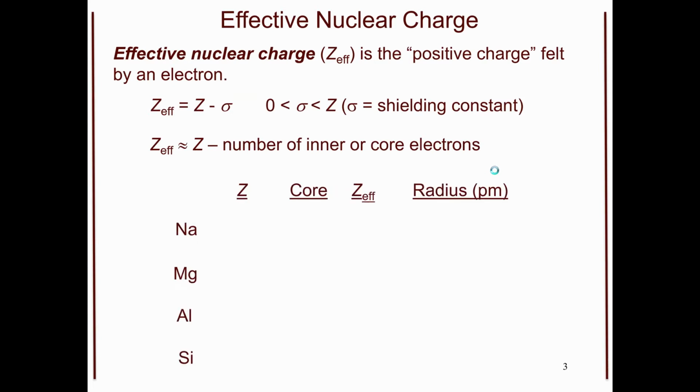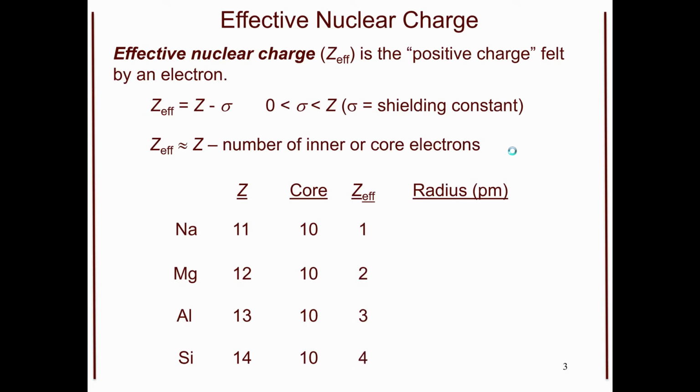So let's look at some examples. In the case of sodium, magnesium, aluminum, and silicon, notice that our Z increases by 1 as we are adding our protons. But also notice that our core number stays the same because the electron that we are bringing in is going to be in the same subshell.